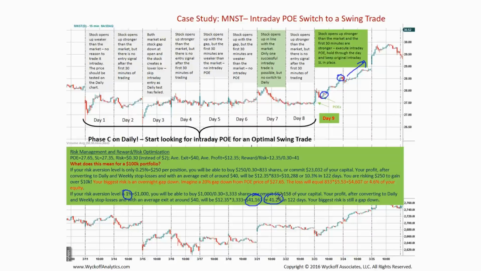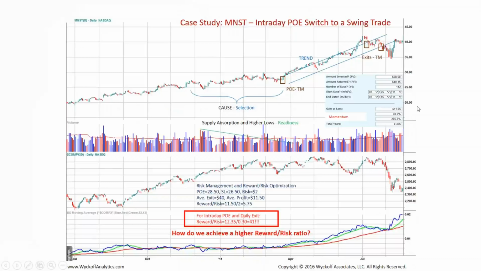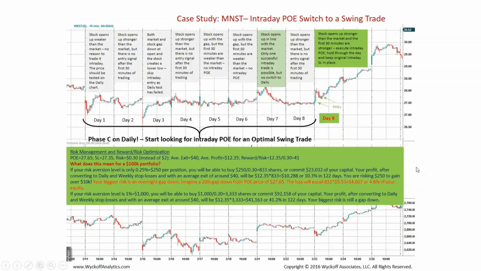And that's a big, significant number, because this is going to be 40% as well, but if we look at the annualized return, it's over 200% annualized. So this is a very high velocity trade.